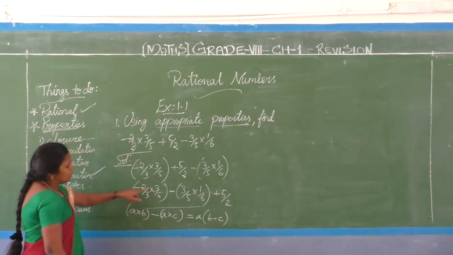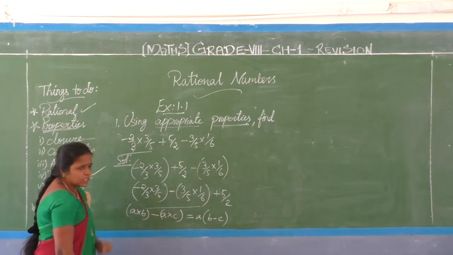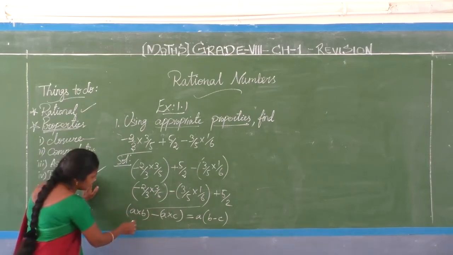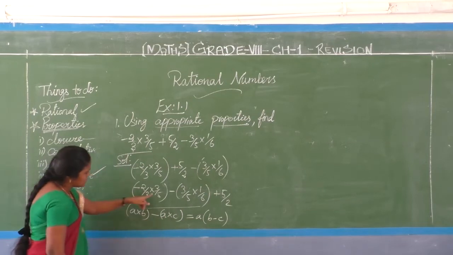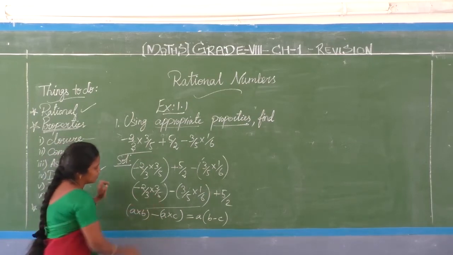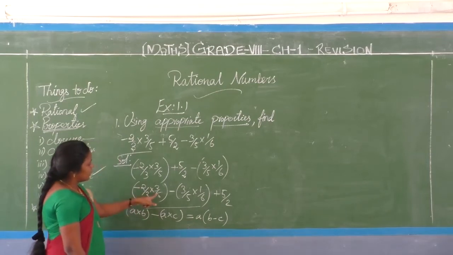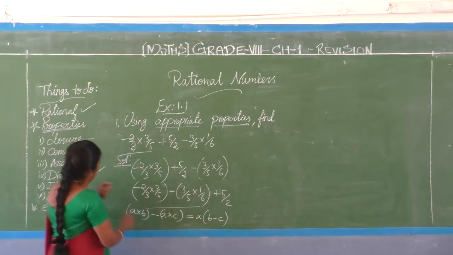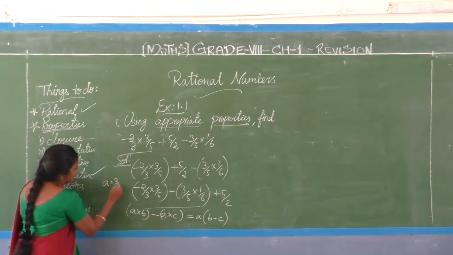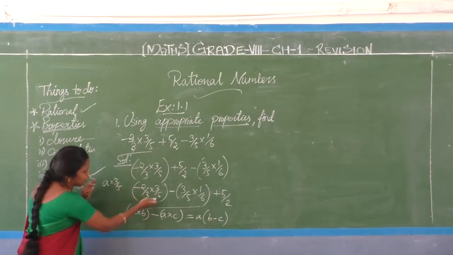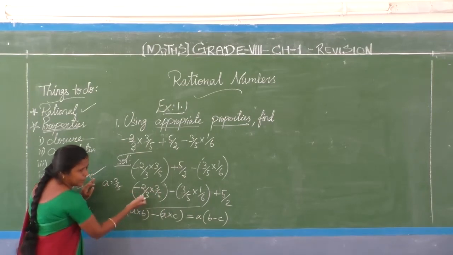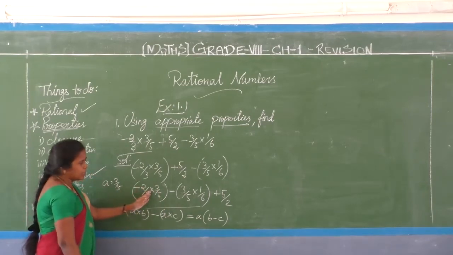Just to check whether our two groups match this formula or not. See, in the formula of distributivity, A is coming 2 times. Like this in our group sum also, 3 by 5 is coming 2 times. So we can assume A is here 3 by 5. B is commutatively A into B. Here A into B equals B into A, as per the commutativity of multiplication, it is correct.